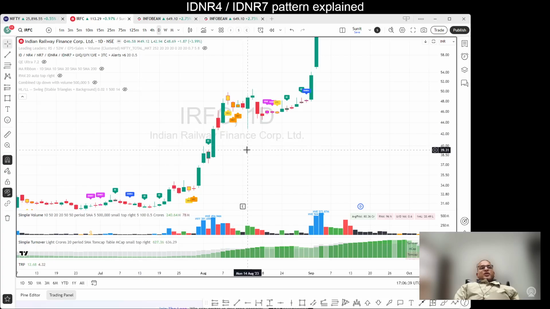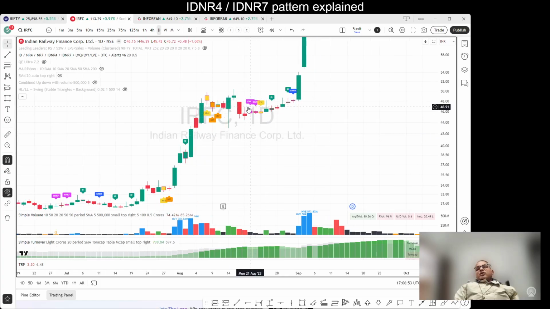You can see yellow markers for NR4, blue marker for IDNR4, green marker for inside day, purple for IDNR7, orange for NR7.